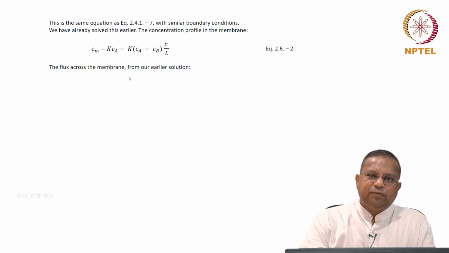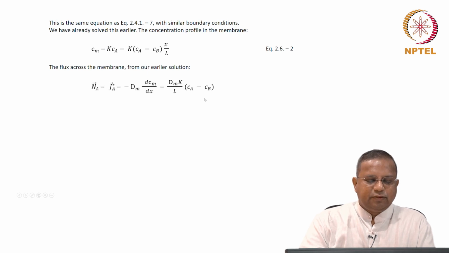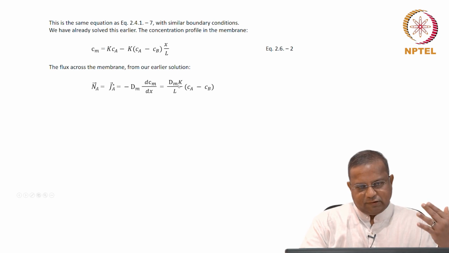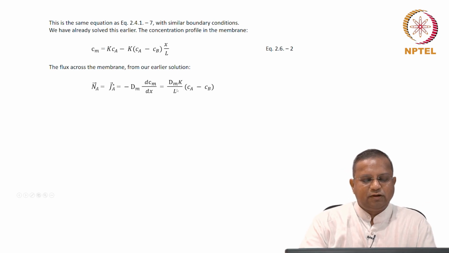The flux across the membrane that we had derived earlier, the diffusive flux N_A equals J_A star, we can get from Fick's first law, minus D_m dC_m/dx. We have already seen the details of the solution earlier. It equals D_m K by L times (C_a minus C_b). So, this is the flux. Equation 2.6-3.